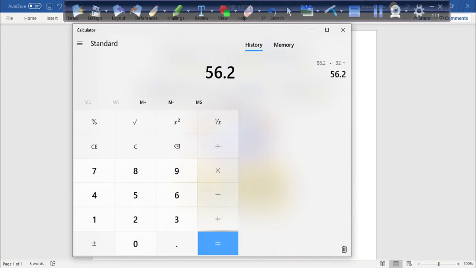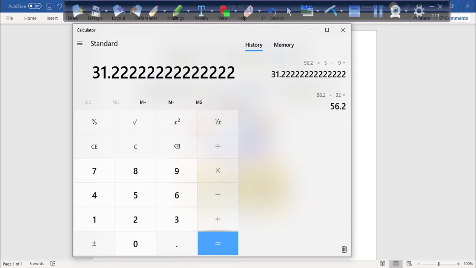So 56.2 has to be multiplied times 5 divided by 9. And that equals, there's the same answer they have in the book, 31.2. So that's why we're doing these tutorials, because you may ask, okay, I see the 31.2, but where did it come from? Well, we just showed you.